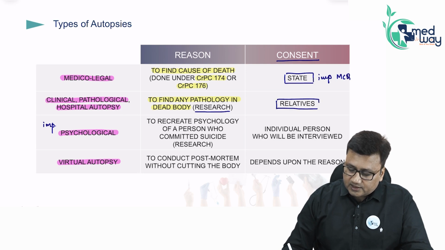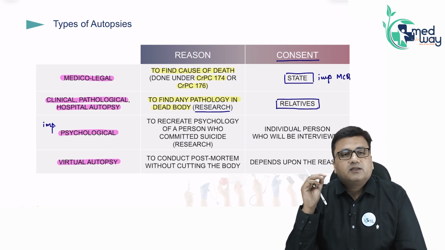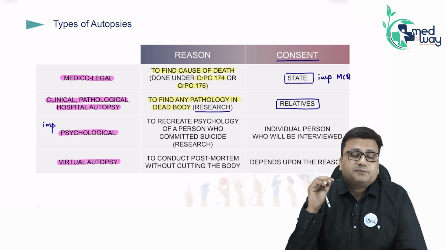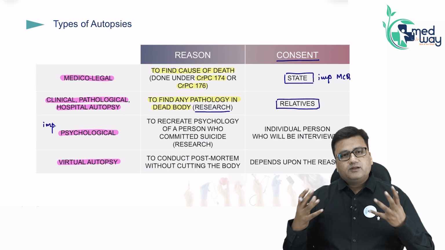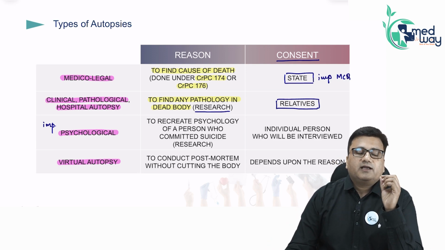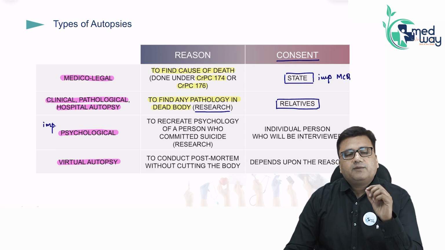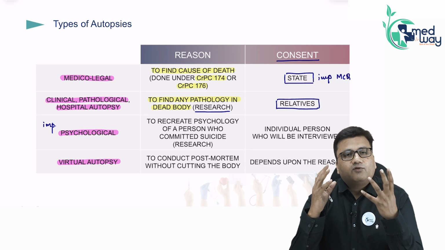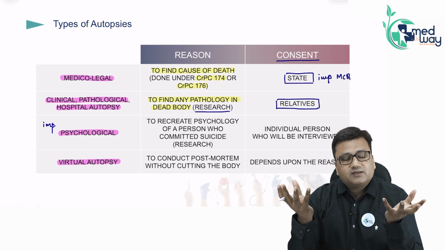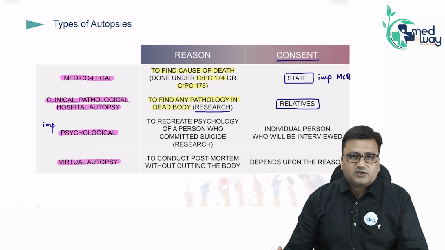Here the consent comes from relatives because the clinician has to counsel the relatives that it is important for medical science or for his research or for his study purposes that he looks inside the body, and whatever information they can gain, they can use that scientific information for further prevention of death in other patients.